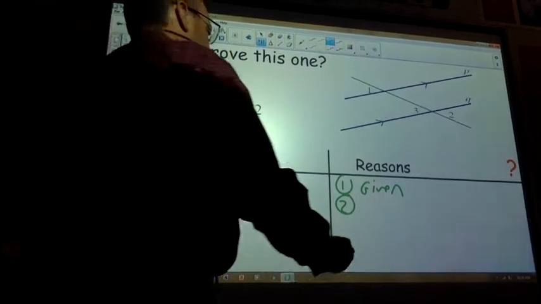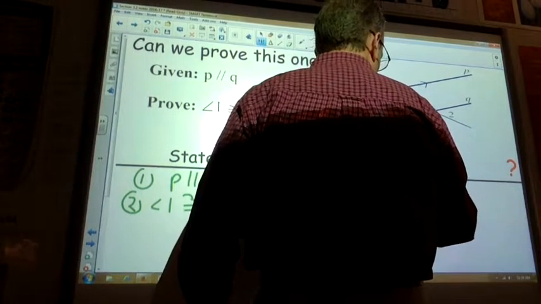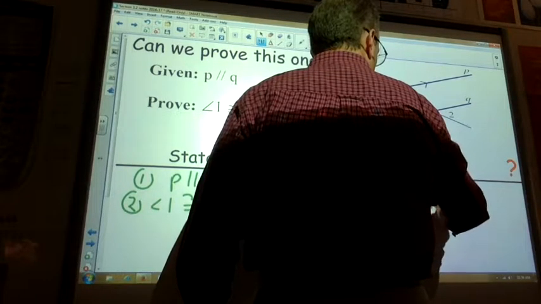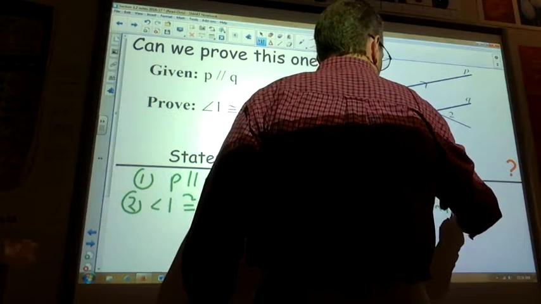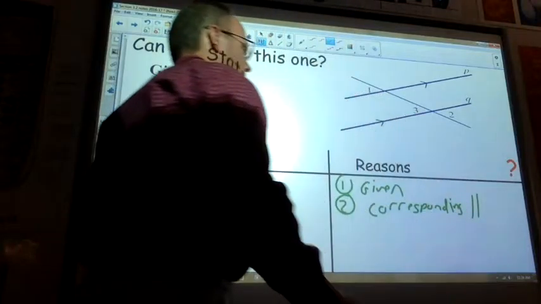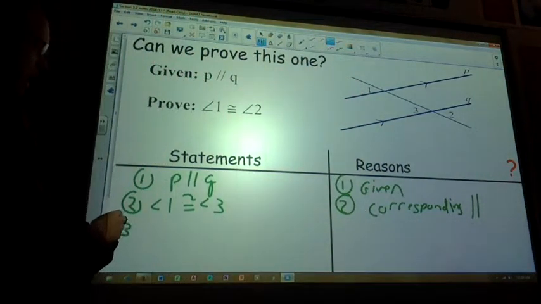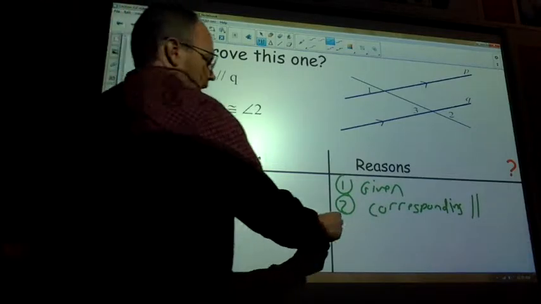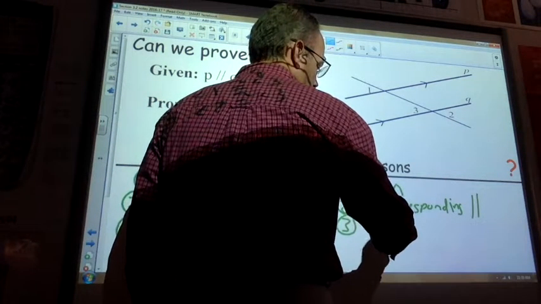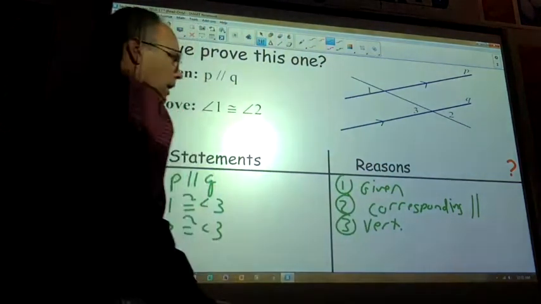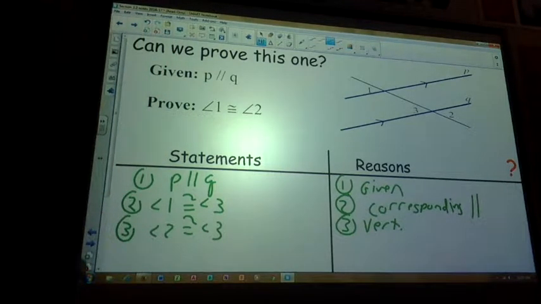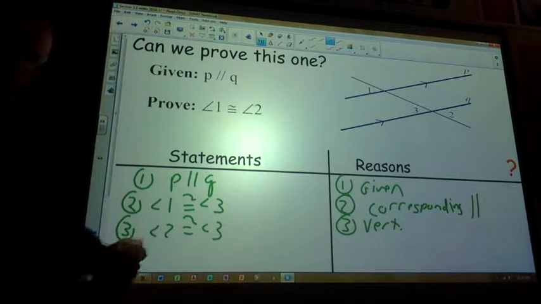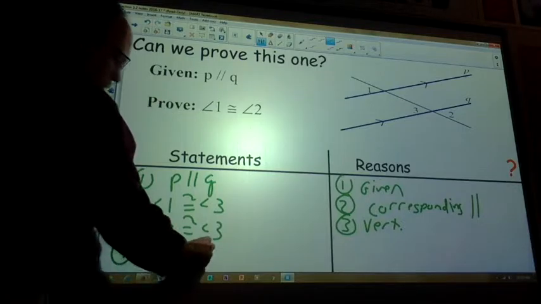So those are corresponding angles, so it looks like I went out of order from them. Corresponding parallel. And then for 3, I could go that angle 2 is congruent to angle 3 because we got our old verticals. So they flip-flop what I had. And then transitive property. Angle 1 is congruent to angle 2. Transitive.